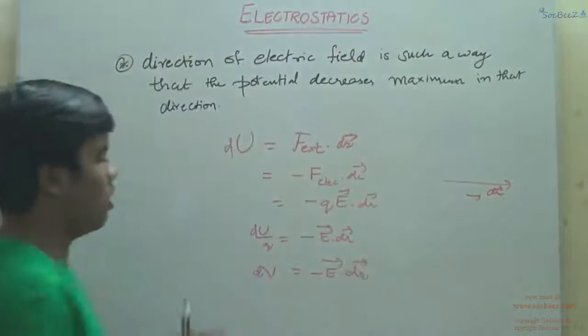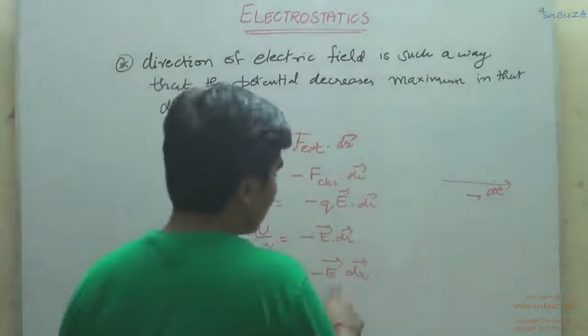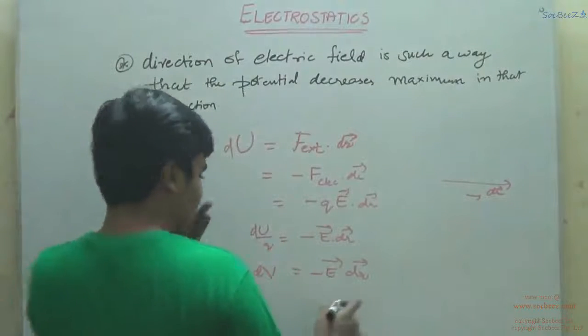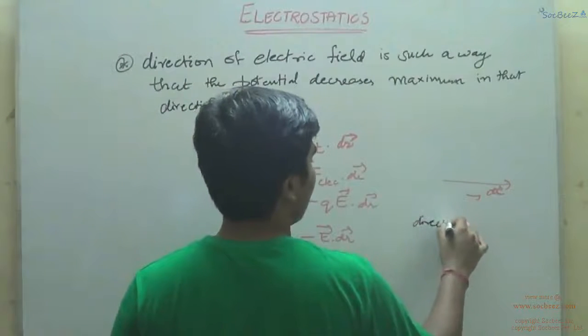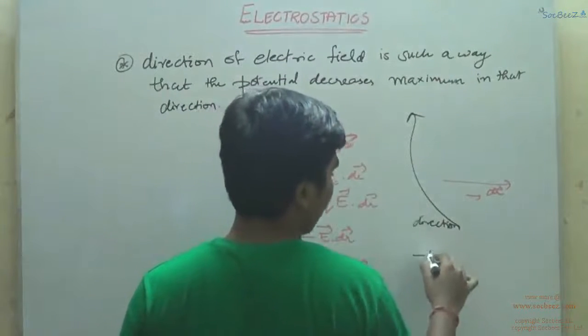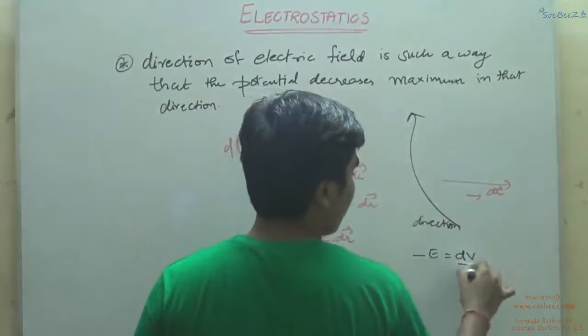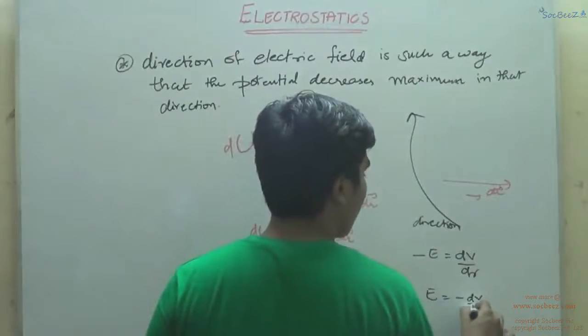Only and only then the potential decrease will be maximum. Now suppose we take the direction to be specified such that the decrease in potential is maximum, then from here we say that minus E is equal to dV by dr. So E is equal to minus dV by dr.